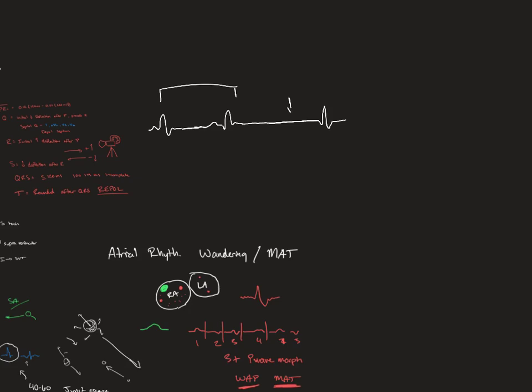It was supposed to be right here, but it's right here. No P wave, narrow QRS, junctional escape. Or a retrograde P, or a biphasic P, or a buried P. Junctional escape beat, unless it continues.